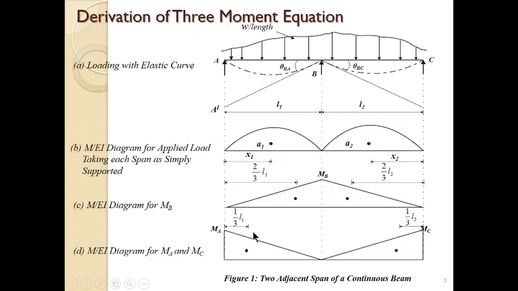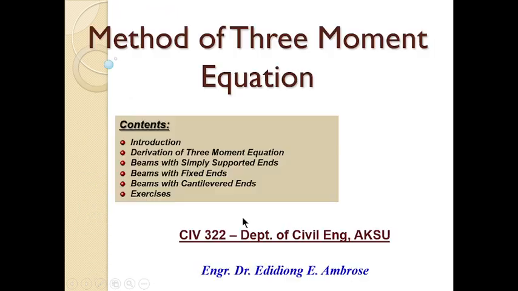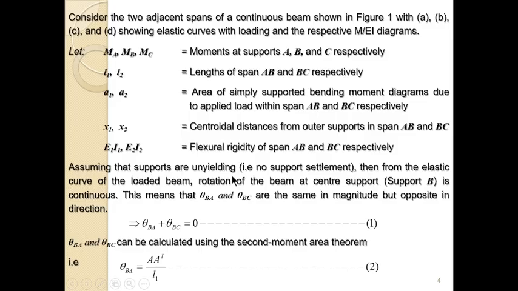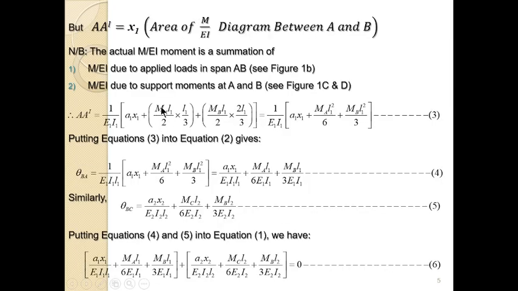Let's go back there. The MA is a triangle, half base times height. The centroidal distance for MA is 1 over 3 L1. So we can say MA is the height, L1 is the base, all of them divided by 2, and the centroidal distance is L1 over 3.